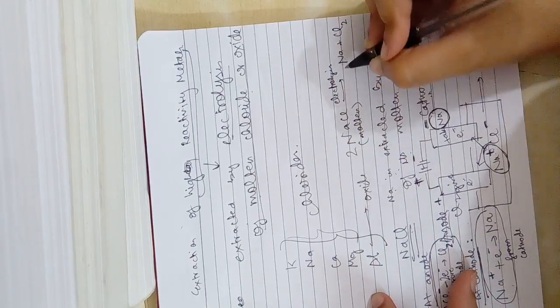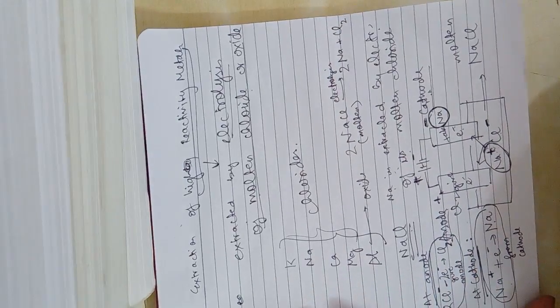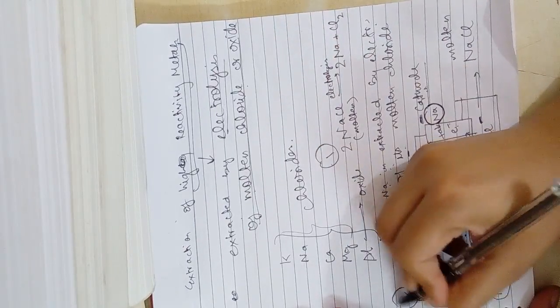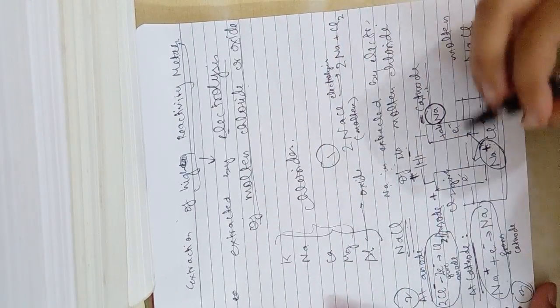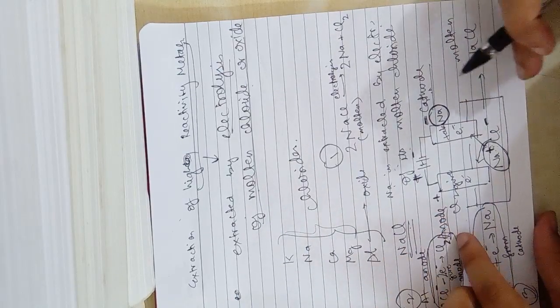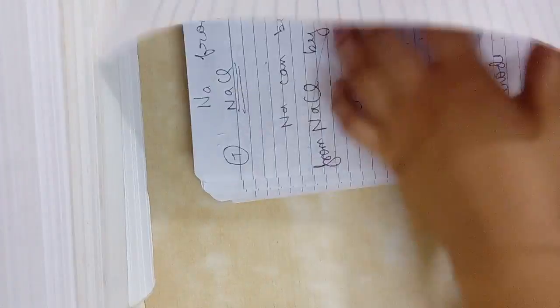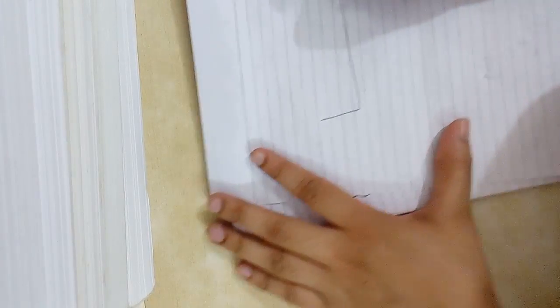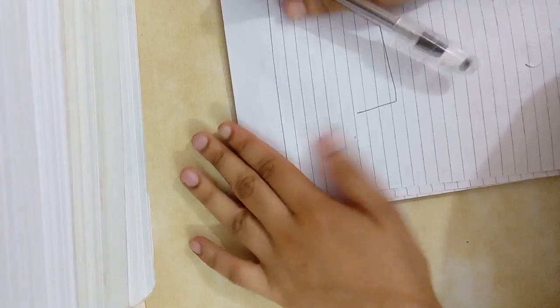It's Cl2, so I have to write 2 here and 2 here, right guys? So this is the first reaction that you write down. Second reaction, what happens at the anode and what happens at the cathode. I'll tell you this process again if you want, or I'll take another example and explain the process again.